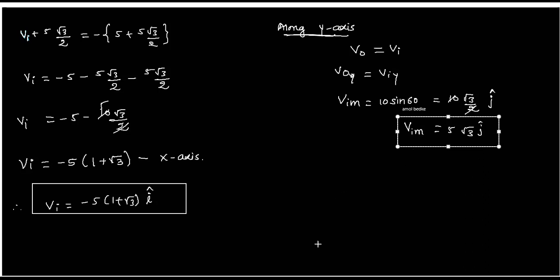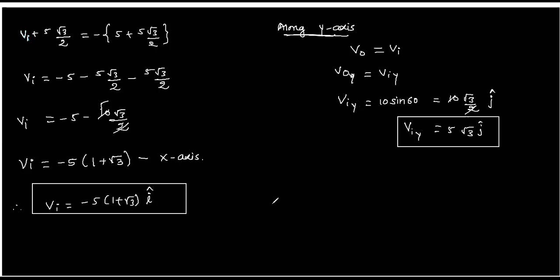You don't need to write mirror here. Just write velocity of image along the y-axis. No need of this M here, because it doesn't matter even if you take it with respect to the mirror, since this is along the y-axis, it remains the same. Just write Vi y, because this is along the y-axis.